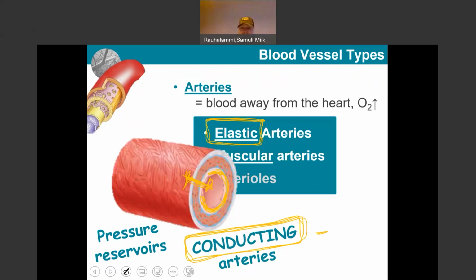This really explains what they are there for. So they're there for carrying the blood from one part to another. They don't really do much in terms of playing a role in choosing where the blood goes or anything like that. They simply conduct the blood onwards.